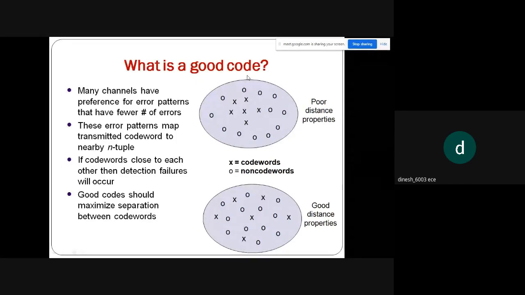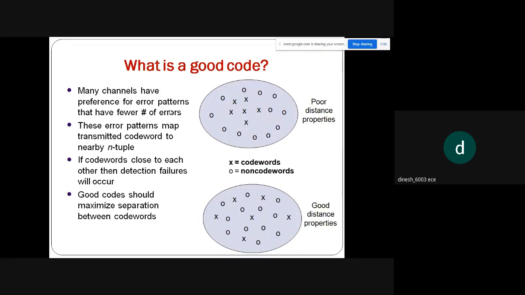The first thing is that a good code has maximum efficiency and minimum redundancy as its characteristics. So how do we achieve this? Many channels may have a preference for error patterns with fewer errors. These error patterns may be mapped by a code word to a nearby entity.